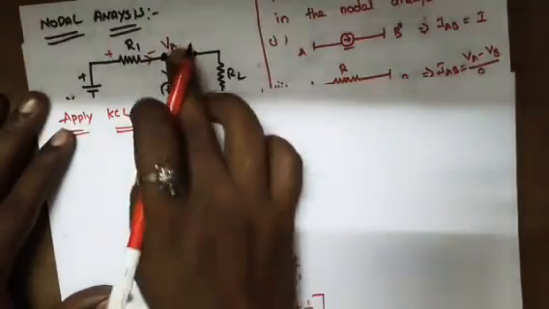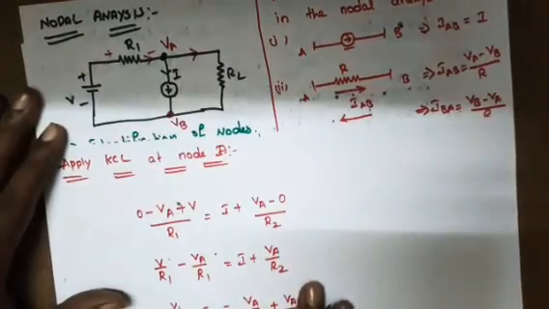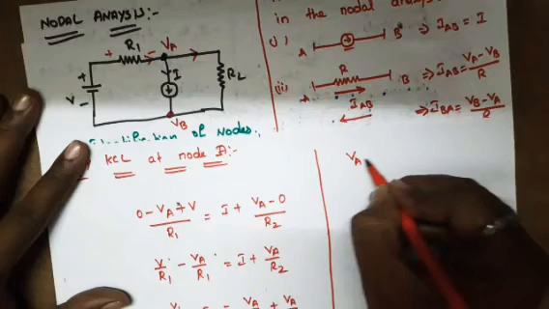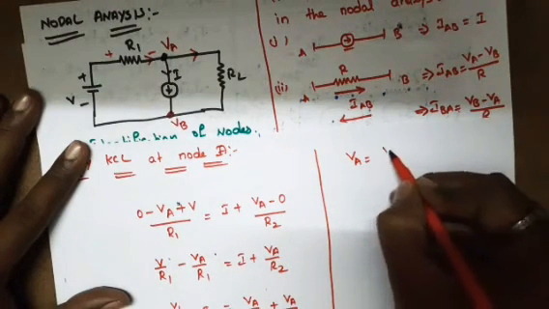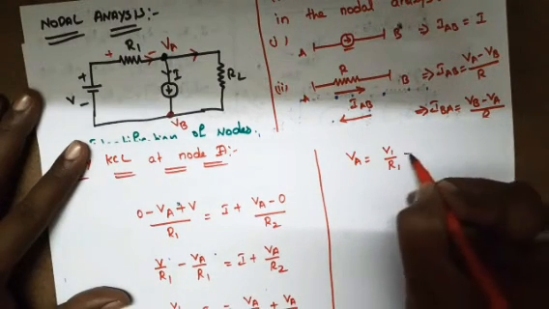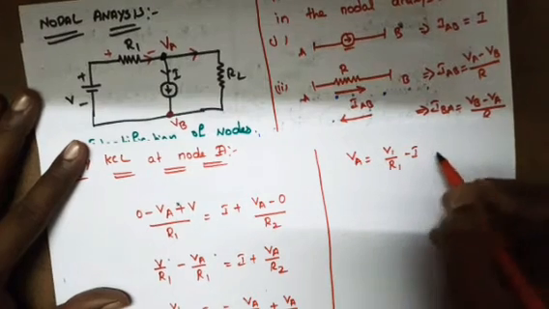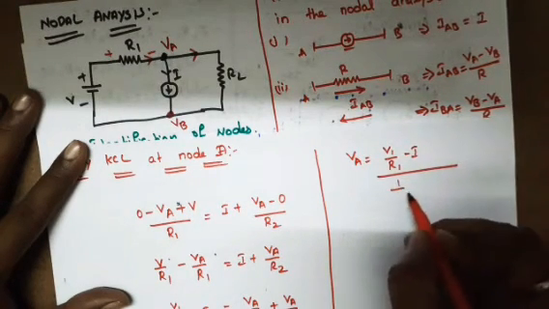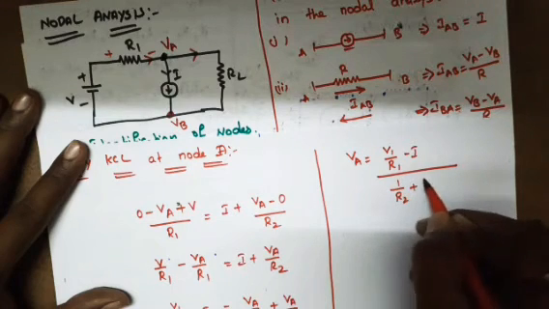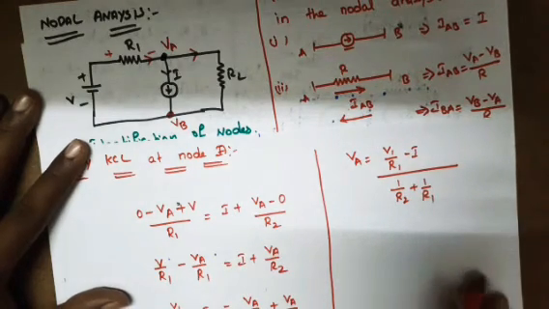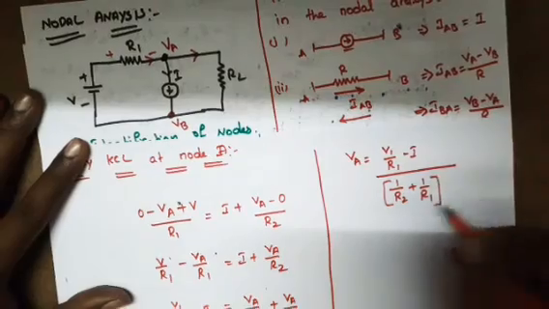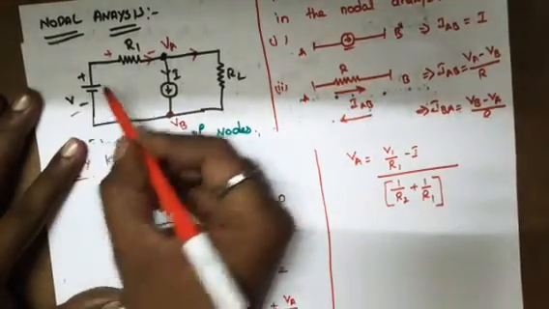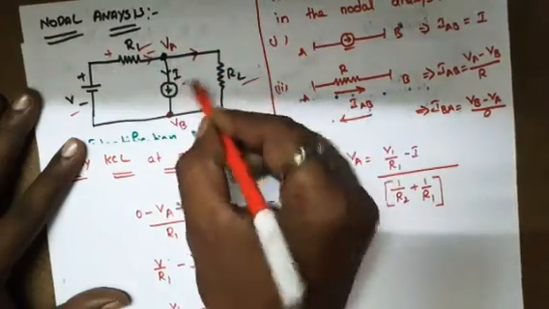So from this we can find the VA value. VA is nothing but the voltage across node A. VA is equal to V1 by R1 minus I, divided by 1 by R2 plus 1 by R1. So we can know each and every parameter here: the voltage value, R1 value, R2 value, I value.